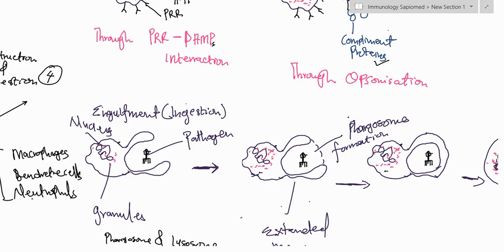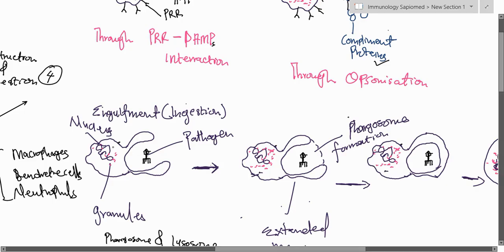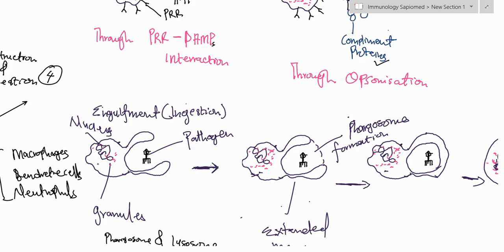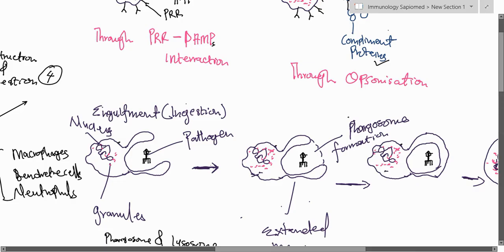In the engulfment stage, what happens is that the immune cell, or the WBC, after it has recognized the pathogen, extends its membrane around the pathogen. You could see there's an extension of the cell membrane of the immune cell around the pathogen.